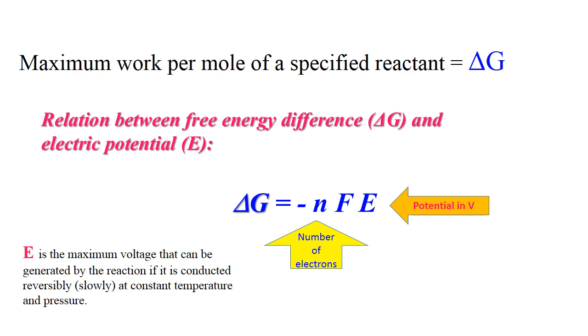Therefore, the relationship between free energy difference and electric potential will be delta G equals minus the number of electrons multiplied by the Faraday constant, so we are converting the number in moles into units of electricity, and multiplied by the potential E, which of course is in volts.